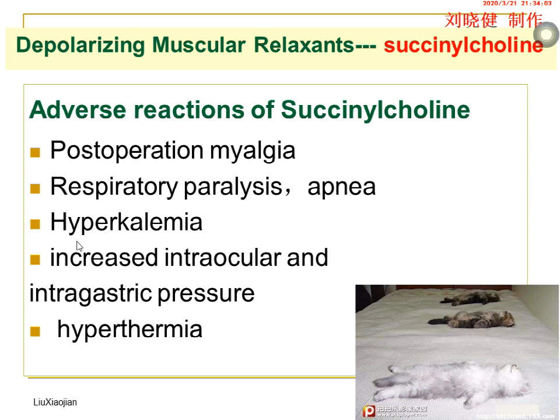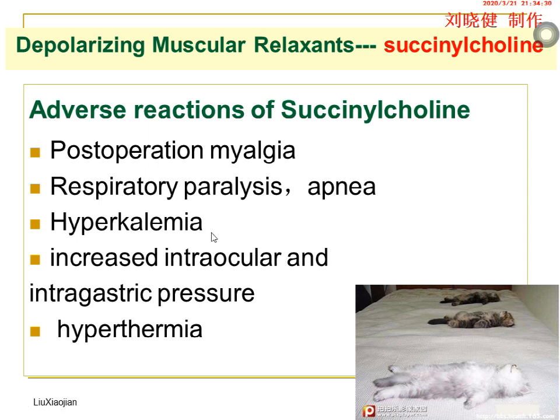So these diseases can be considered contraindications for succinylcholine. Try to avoid hyperkalemia. Actually, the potassium ion concentration should stay in a normal state. Once some patients have hyperkalemia, it often induces arrhythmias.